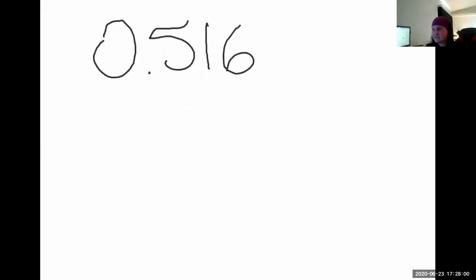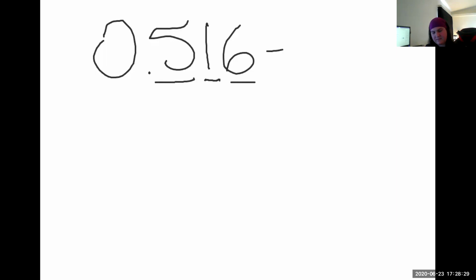Now we are going to convert each decimal to a fraction. This is kind of tricky. So 0.516. How we do that is we basically take the largest place value and change it to a fraction. We have a number in the tenths, a number in the hundredths, and a number in the thousandths. So we know that this number needs to be over thousandths.